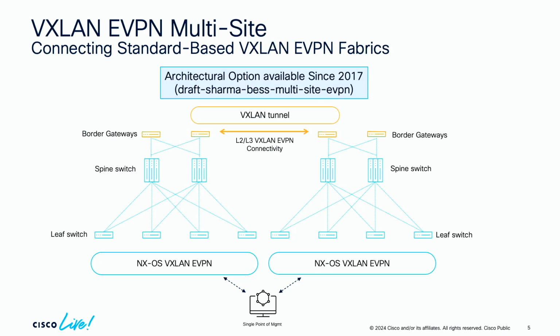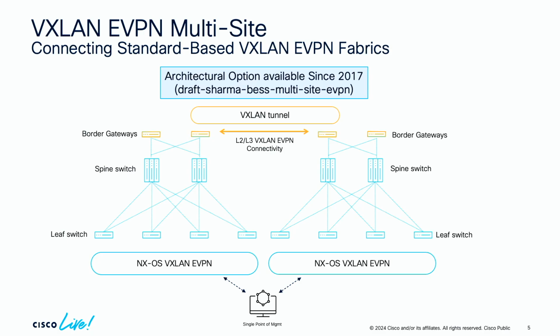What we always pitch is the power of building smaller blocks, smaller leaf spine topologies, and interconnecting them with a device called the border gateway. This essentially allows you to get the best of the two worlds, because I can still build a pretty large network with layer 2 and layer 3 connectivity, but in a very controlled way through the use of these border gateways.